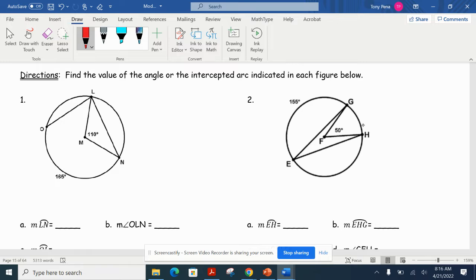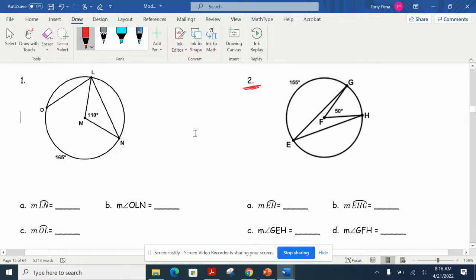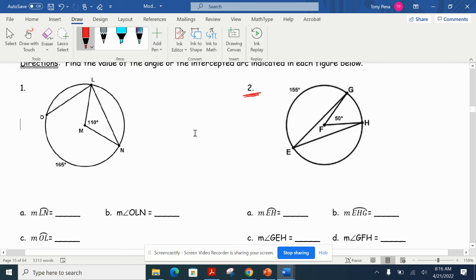All right, when you get it, we're going to start with number 2, because I think number 2 is the nicest one to start with. Okay, so go to number 2.